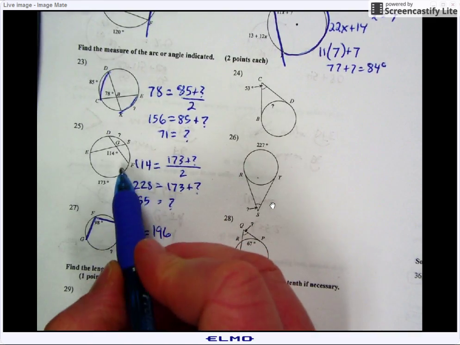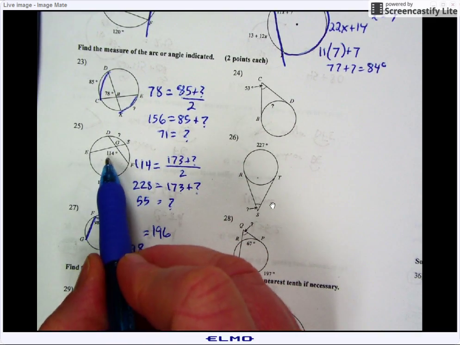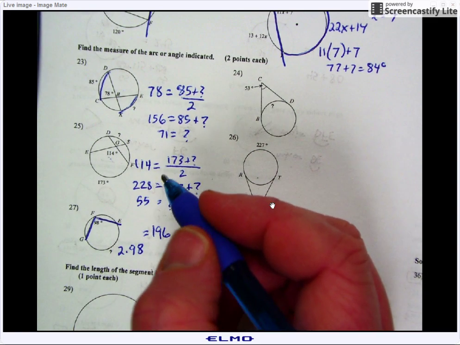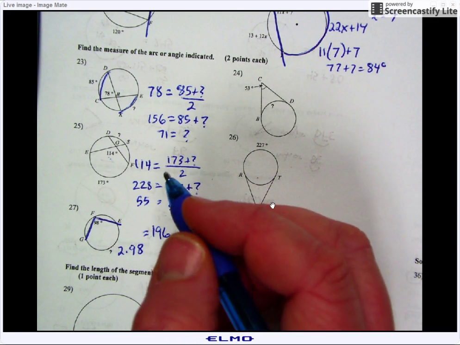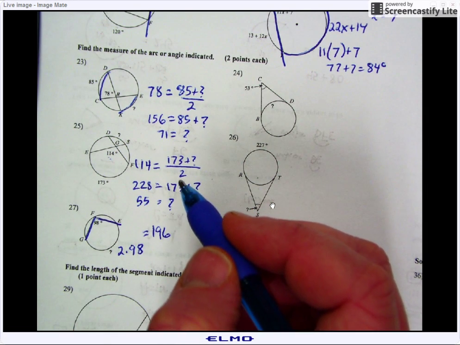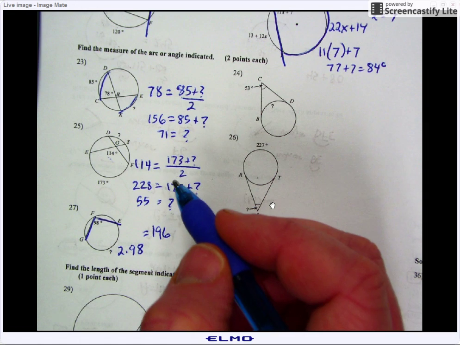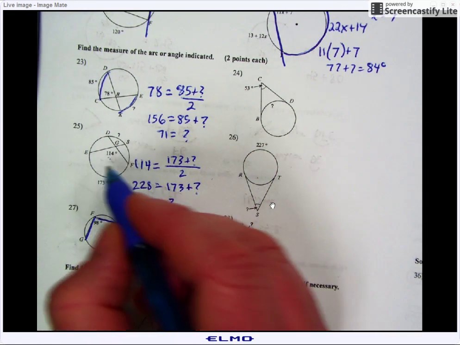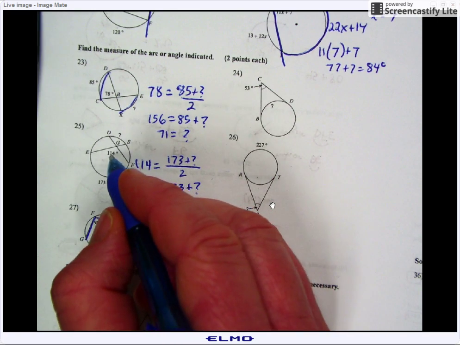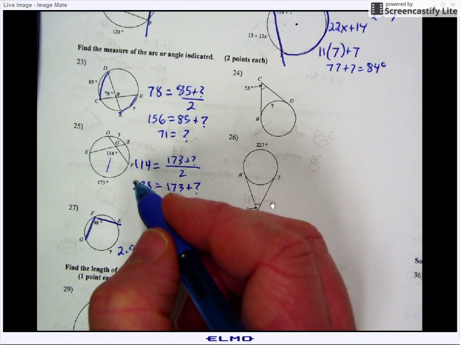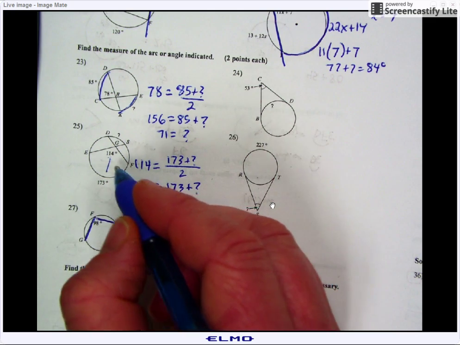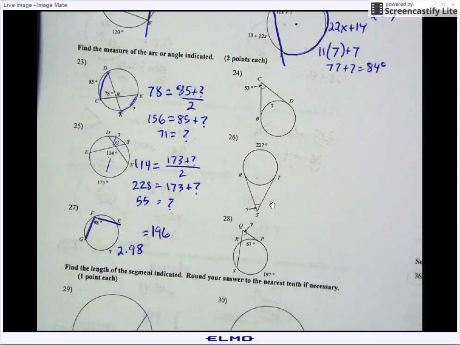Remember that the shortcut here is that however much bigger this is, then the other one is that much smaller than that arc. So if 114 is 59 bigger, that means this one's 59 smaller. Okay.